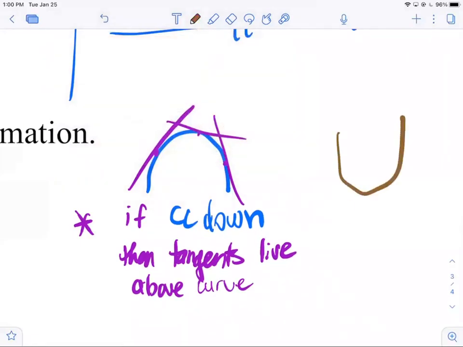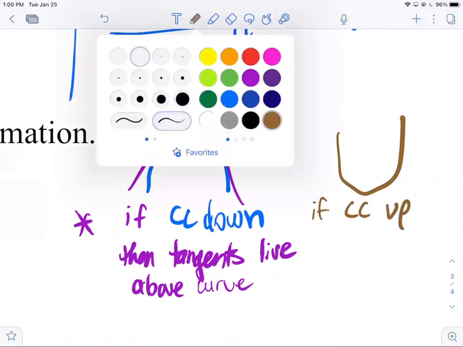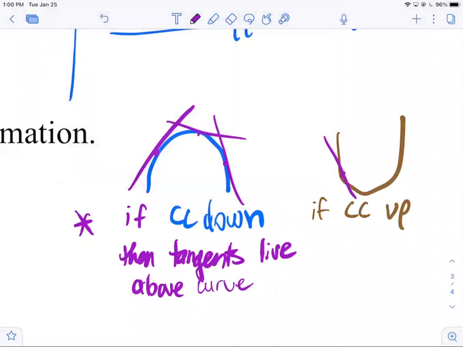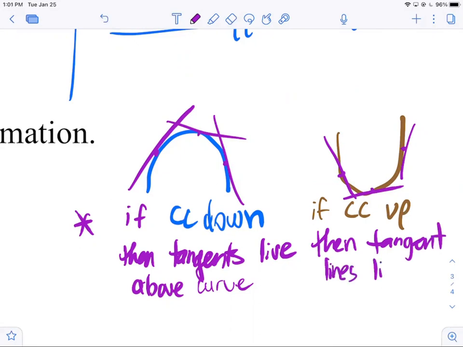If the graph is concave up like a cup, draw your tangent lines now. Ooh, now you can see that your tangent lines live below. Then the tangent lines live below the curve. So when in doubt, just draw it out.